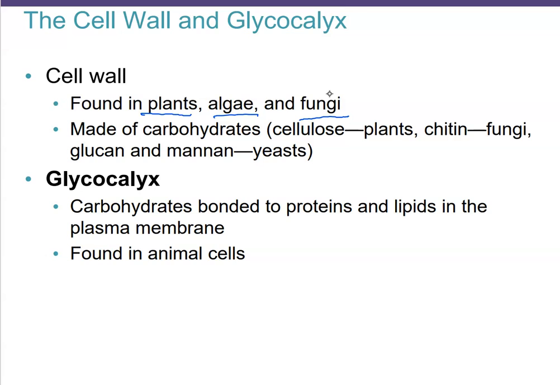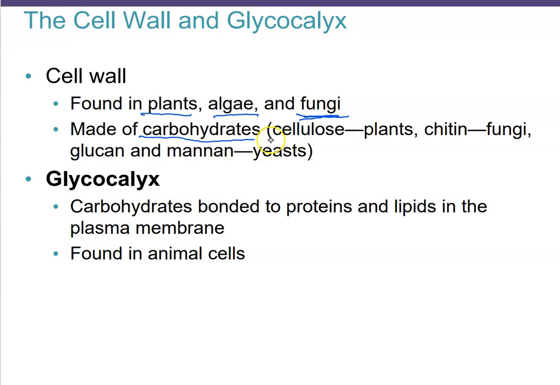So not in animal cells, and not in animal-like protista even. So cell walls are only found in plants, and then algae, the single-celled plant-like protista, and then the fungi. The cell wall is made of carbohydrates, various types of carbohydrates, various arrangements of these sugars, and how they're bonded with one another.